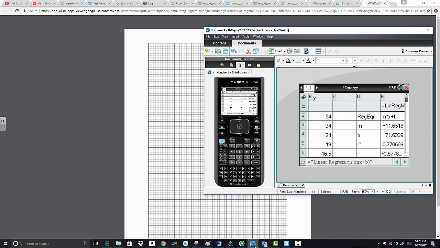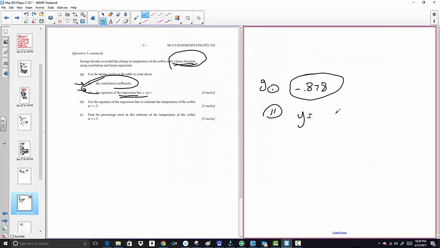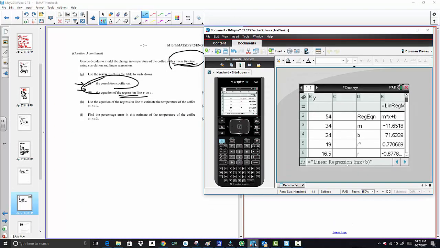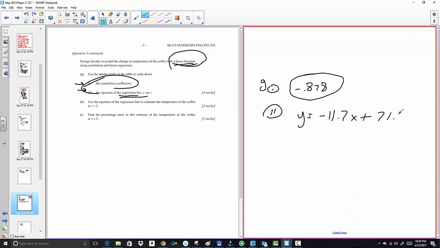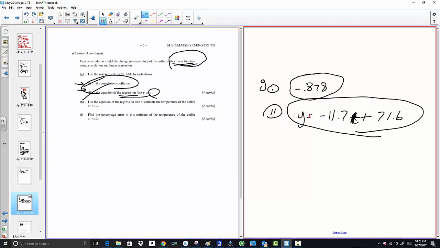So we can say y equals negative 11.7 x plus 71.6. This is technically an accurate equation of a regression line, y on t. So instead of x, we'll call it t, because remember, you're not using x variable, you're using t. So go ahead and make sure that's a t right there, and then this will be correct, okay?